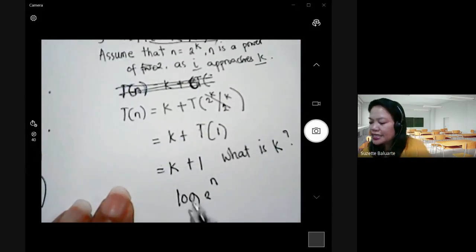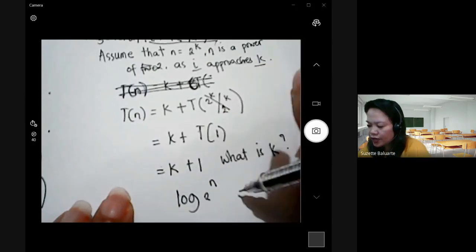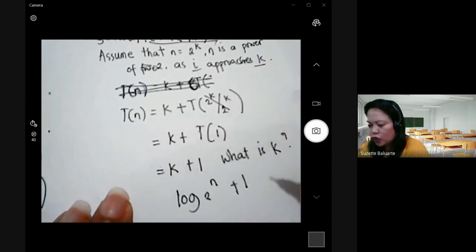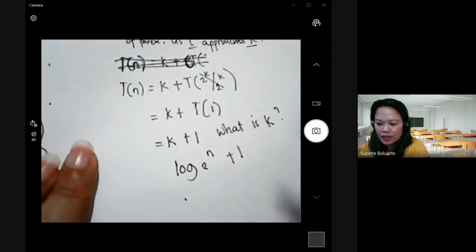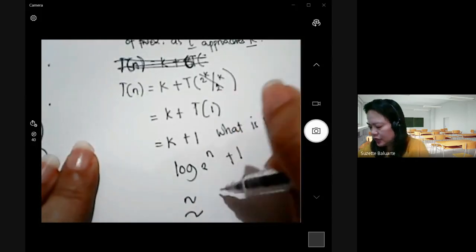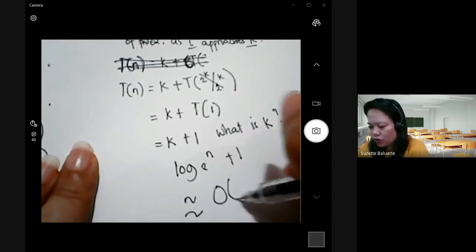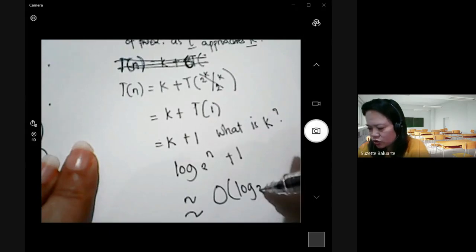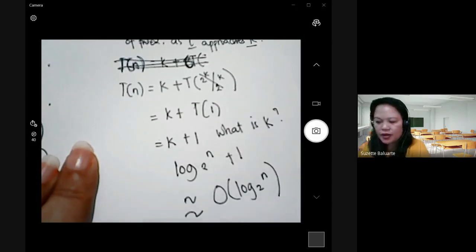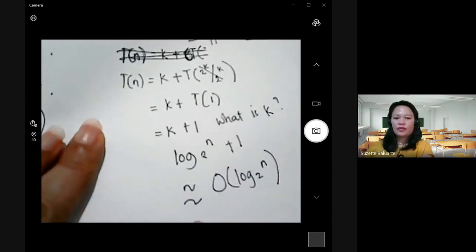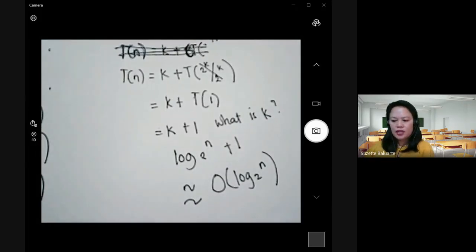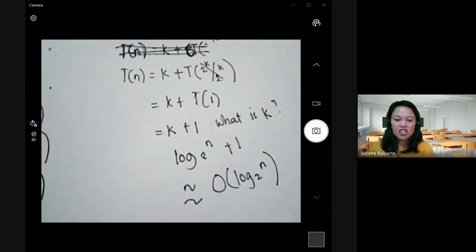So, in that case, you'll say log 2 n plus 1, no? Or approximately equals big O of log 2 n. Okay, mas taas-taas ang solution compared sa usa.